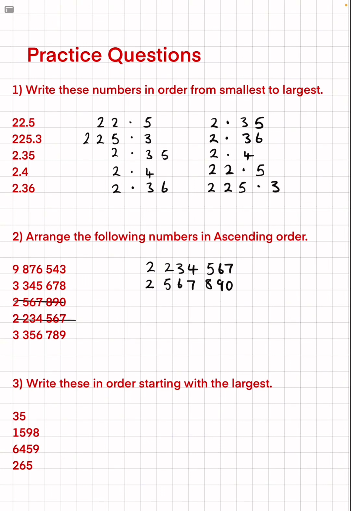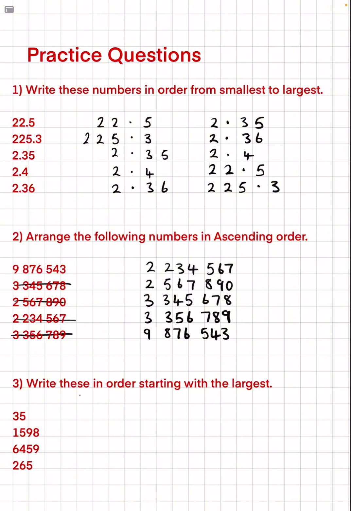So the next smallest number is 3,345,678. The next smallest number is 3,356,789, leaving us with the largest number, which is 9,876,543.